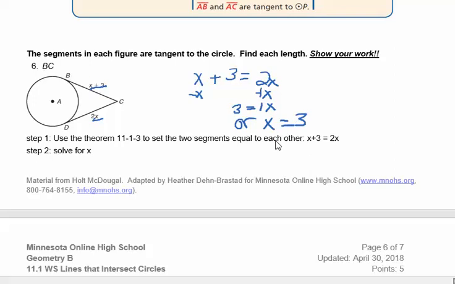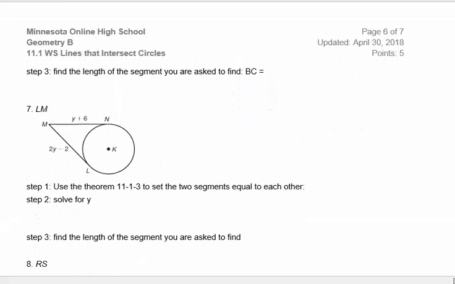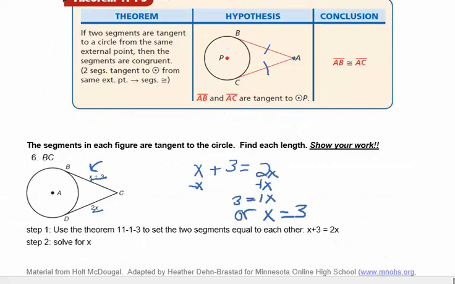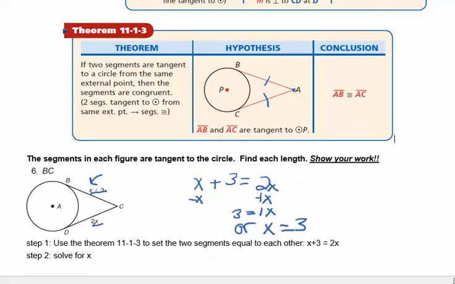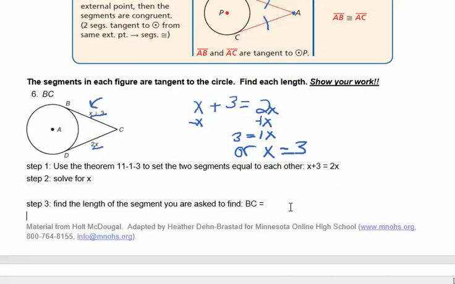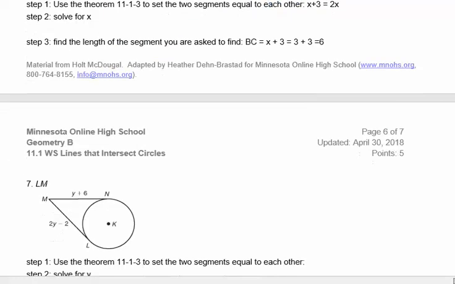So I take the 3 and plug it back into BC. BC is equal to x plus 3, but now we know that x is 3, so BC is equal to 6. And you have several of those questions to do.